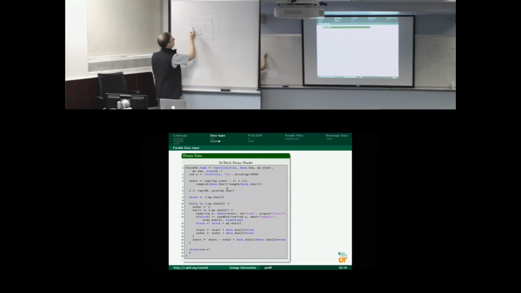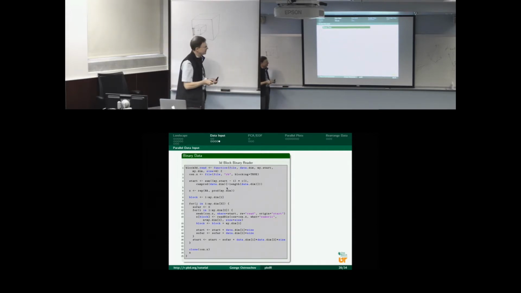So you start from here, you read up to here, and then you have to skip a bunch to read the next column that's going to be up this way, and skip a bunch again. And the same thing happens when you're going this way. You have to skip bigger bunches. It's basically all hands-on right now. Do it yourself, and that's why it's difficult. And that's what the rest of this code is, so I won't go into that.